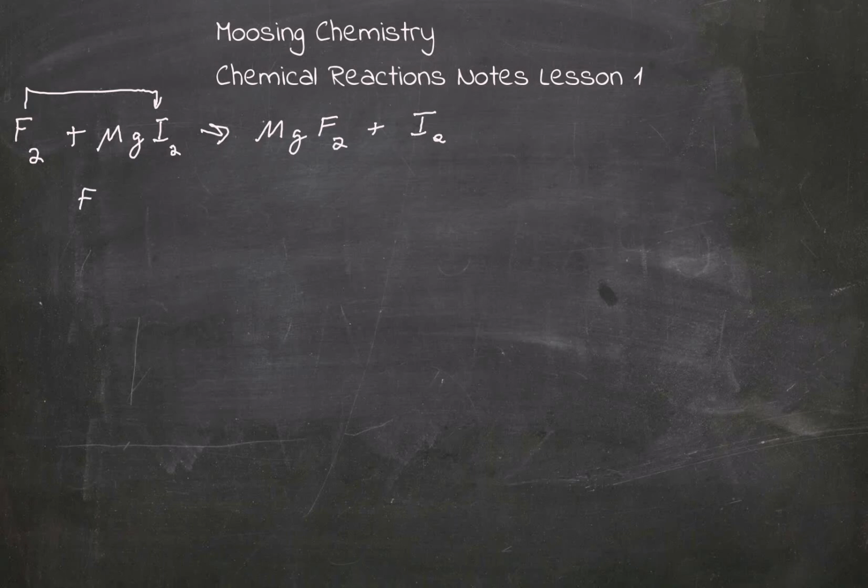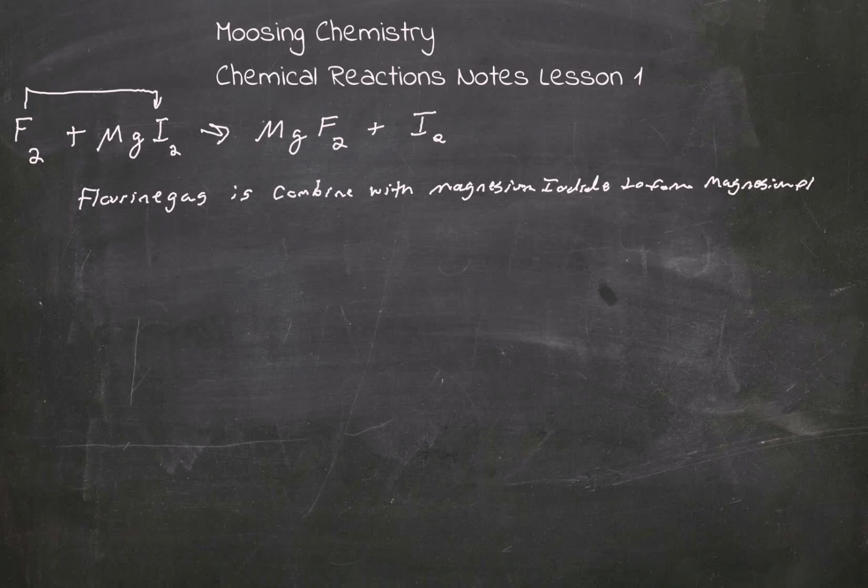So we would say something like fluorine gas is combined with magnesium iodide to form magnesium fluoride and iodide gas.